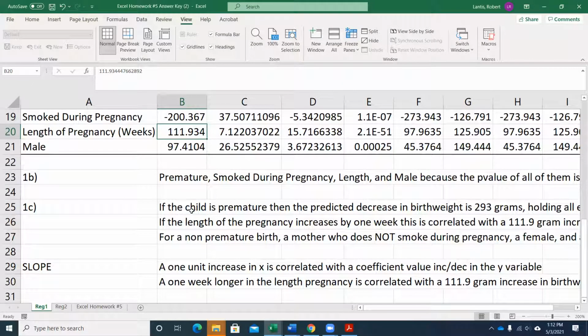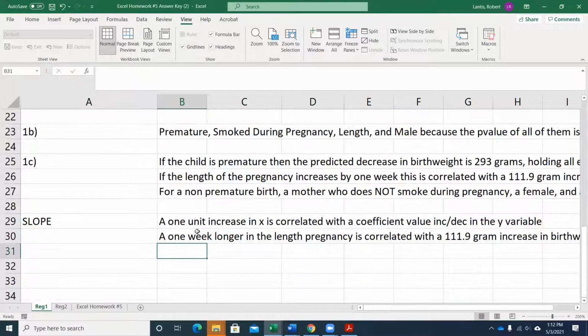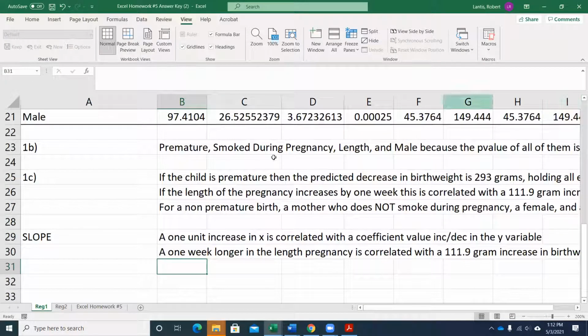Now, for variables like male here, which I didn't ask you about, but some people interpreted for some reason. If I'm thinking about the general form of this interpretation, a 1 unit increase is going from a female, which was the 0 category, to the category that's 1, which is male.